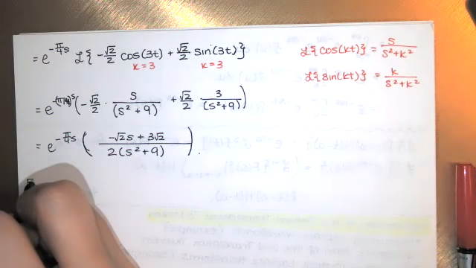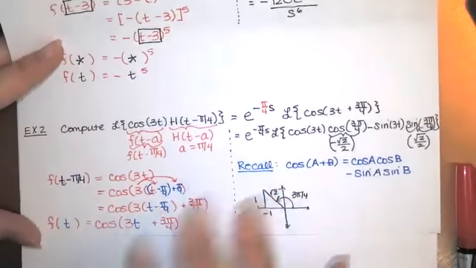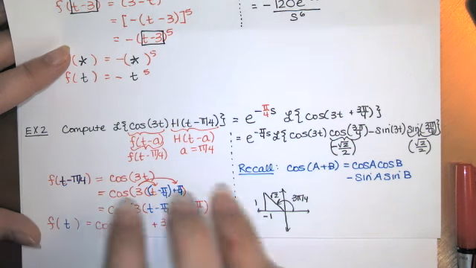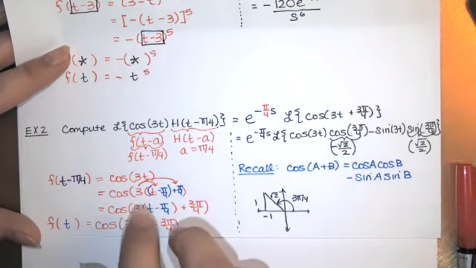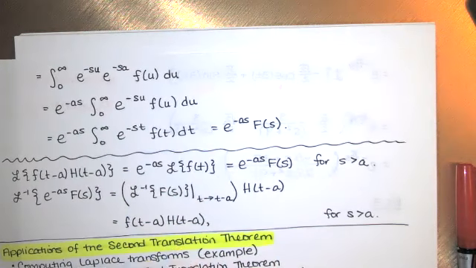Now, that little bit of algebraic manipulation that we did is something that we often do when we are trying to compute Laplace transforms and inverse Laplace transforms in order to match patterns. But we can actually use that idea to come up with an alternate form of our second translation theorem.